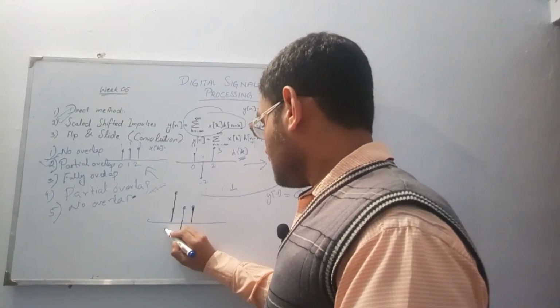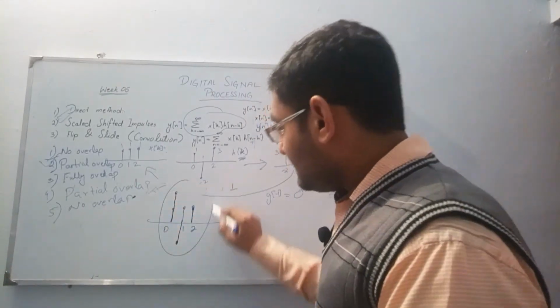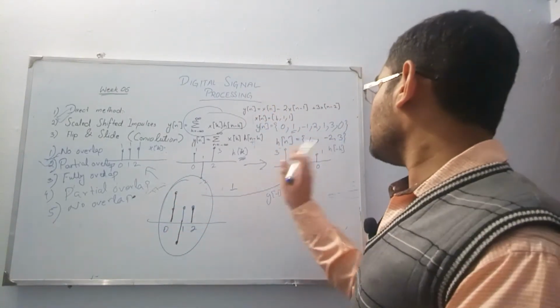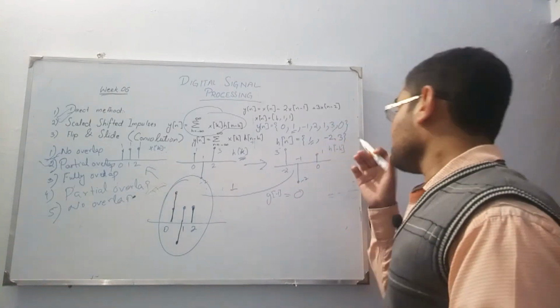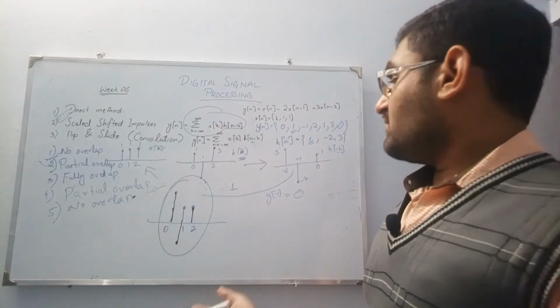This is 0, 1, 2. So as you can see that this is fully overlap. This is H of minus k and this is X of k.